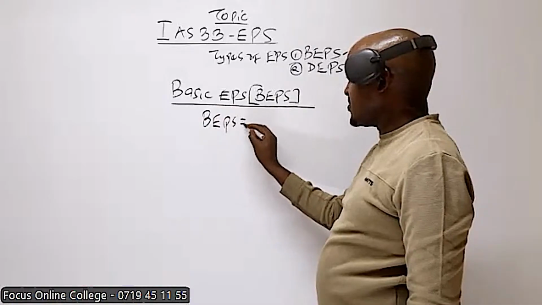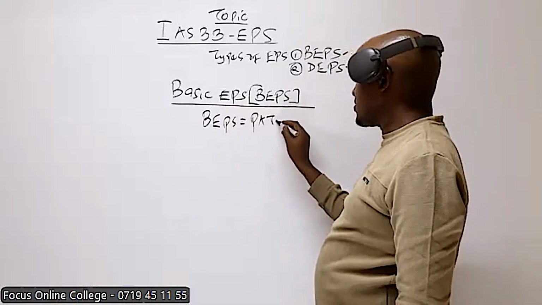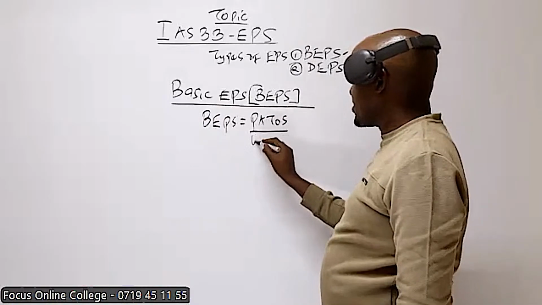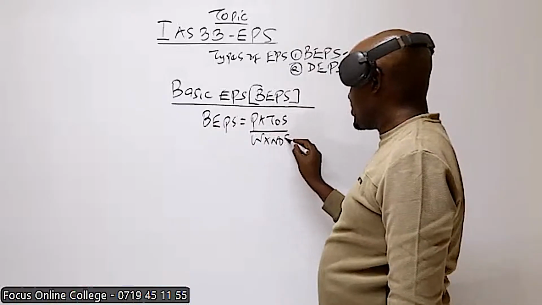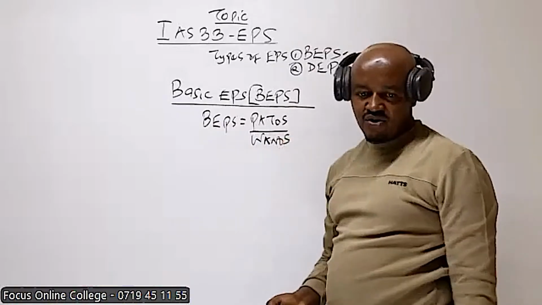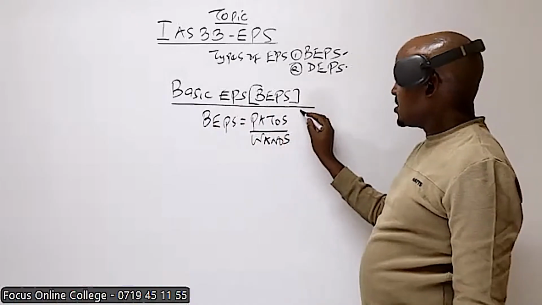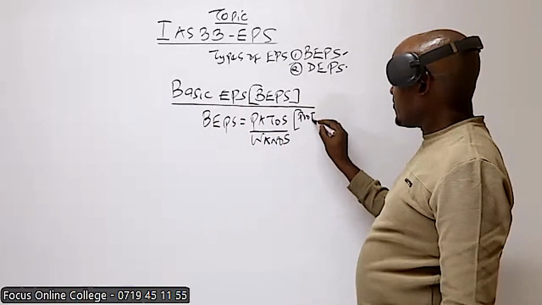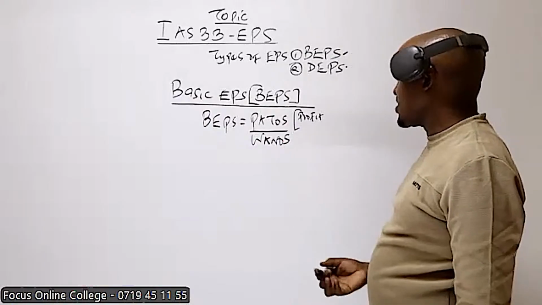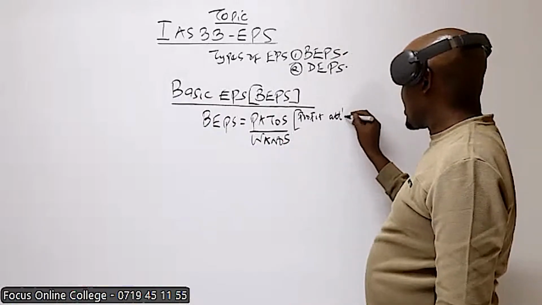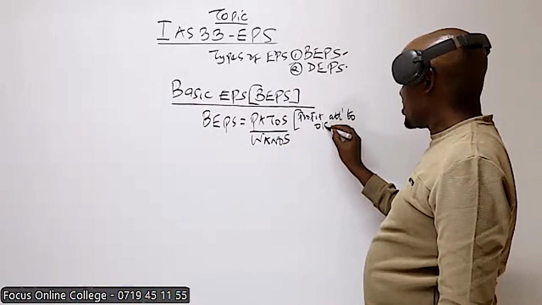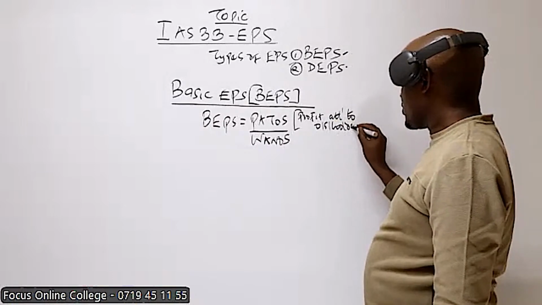Basic earnings per share, we said, is computed by taking the PATOS and dividing it by the one-offs. PATOS is short for profit, also known as earnings, attributable to the ordinary shareholders.